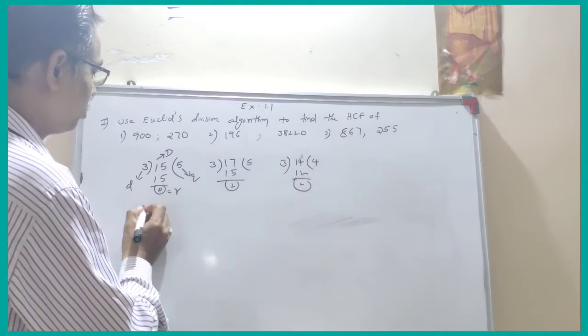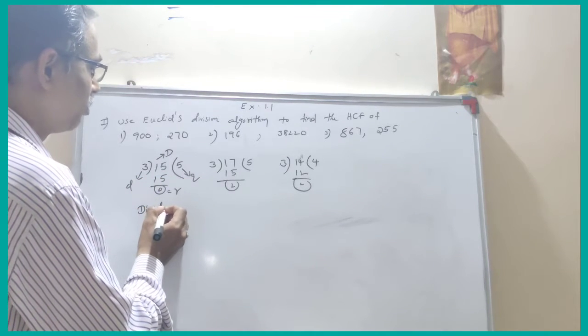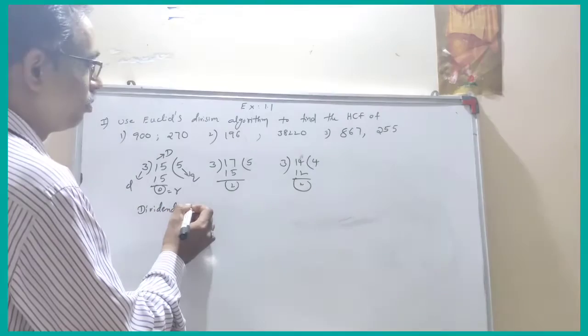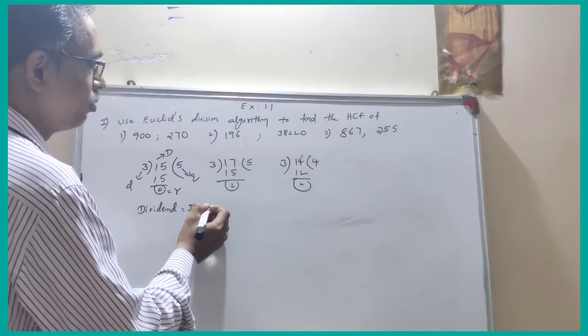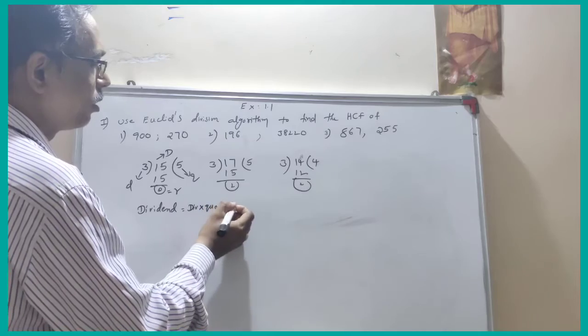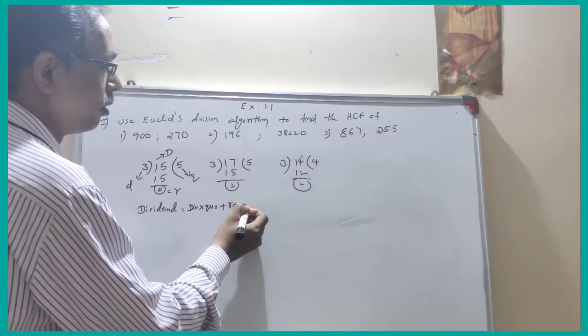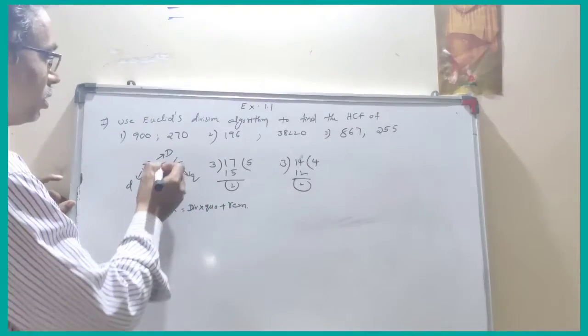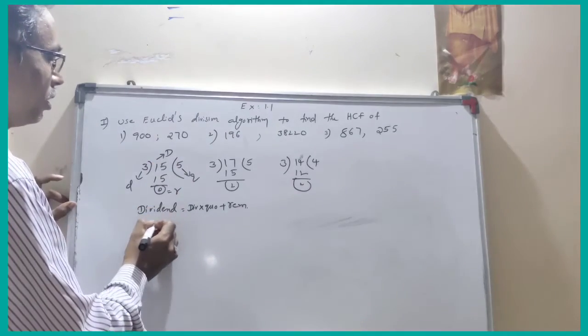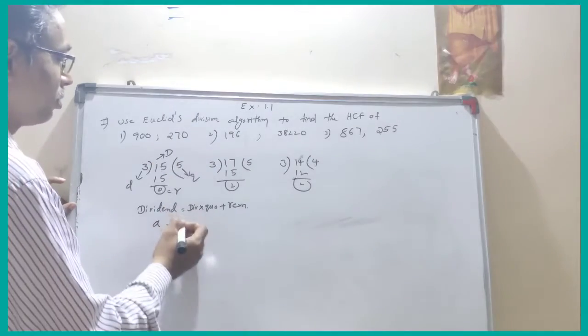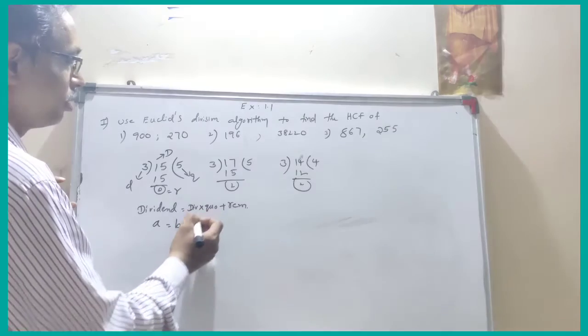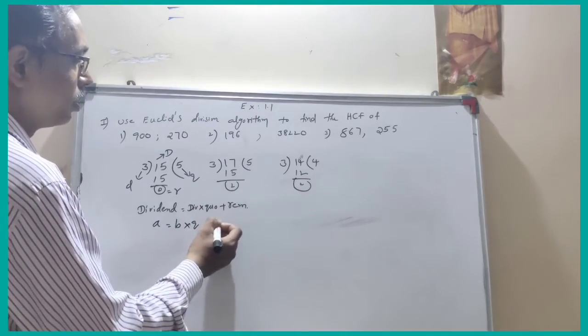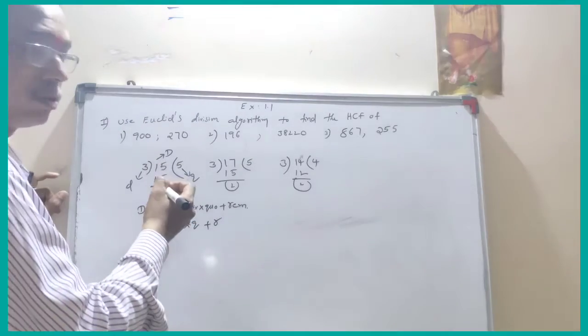As we all know, the division equation is: dividend is equal to divisor into quotient plus remainder. That means let us take A in place of dividend, B in place of divisor, Q in place of quotient and R for remainder.